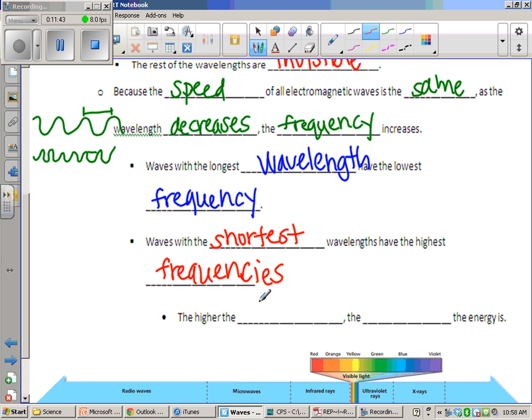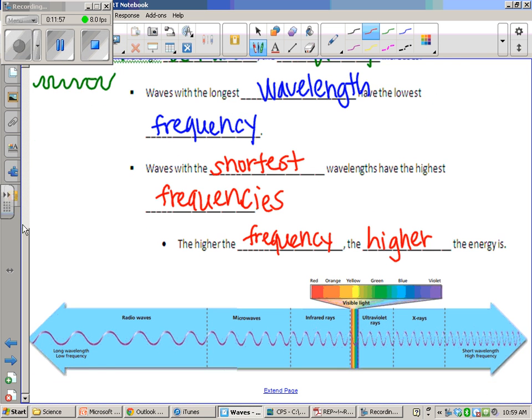And the higher the frequency, the higher the energy is. Okay, so you can see that here's the electromagnetic spectrum. We start off with our radio waves here with long wavelengths and low frequencies, and then it continues until you see your gamma rays with very short wavelengths and the highest frequency on the electromagnetic spectrum.